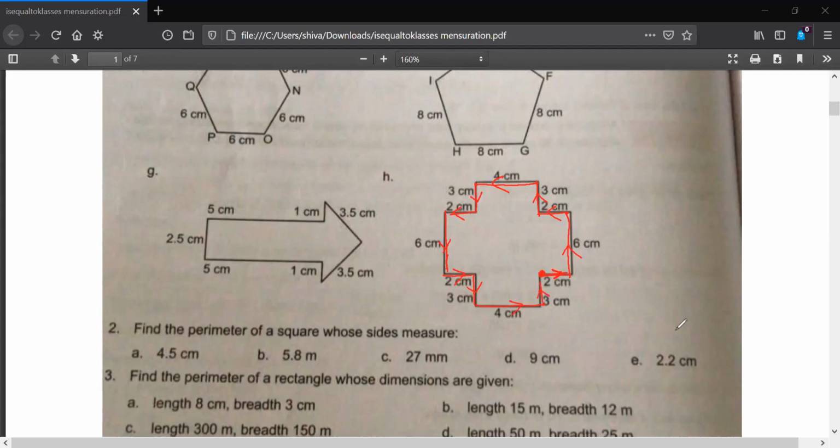So what is the total, Mr. Sarthak? Okay. Mr. Sarthak, let us check whether your answer is correct or not. That is 40 centimeter, correct or not?